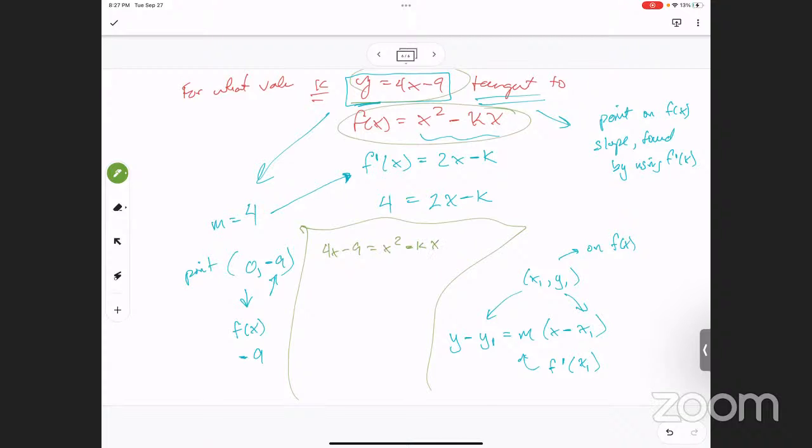I think that's what I have to do. And now let's solve this. So x squared minus kx minus 4x plus 9. So x squared, if I factor out an x, it's going to be minus x times k plus 4, plus 9.